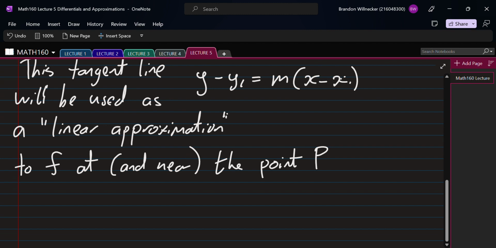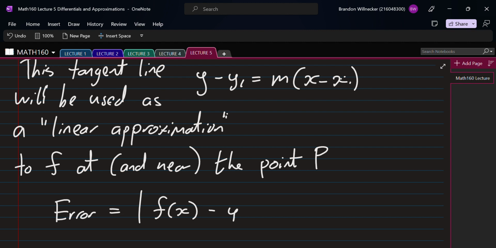We can write down explicitly what this deviation is as the error in the approximation. That's going to be the absolute value of f of x minus our tangent line approximation y of x. At point P, these two coincide, so the error is 0, but as we move further away from point P, the error is going to increase.